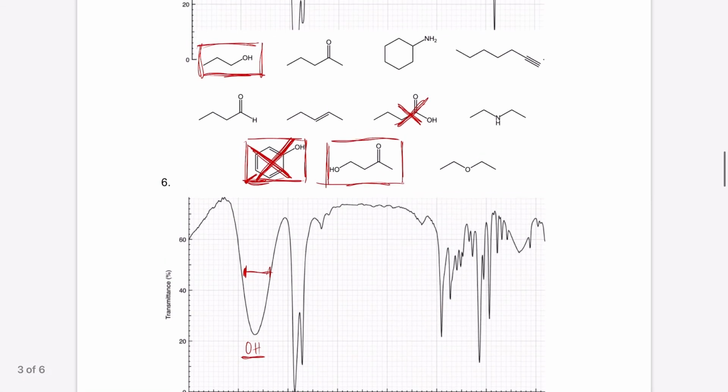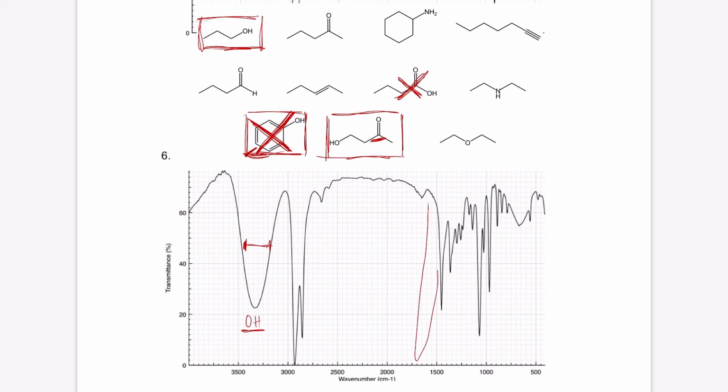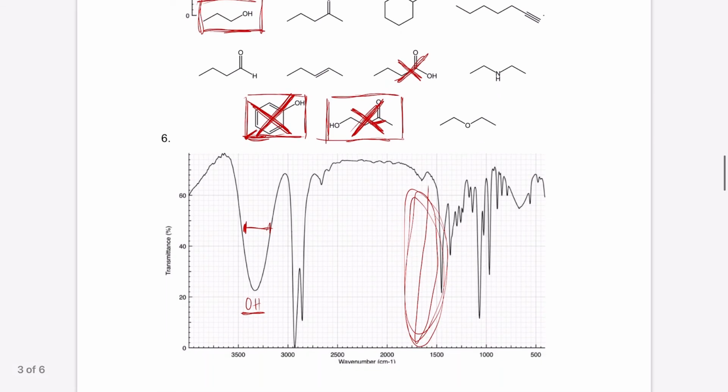If it were to be a mix of our ketone and our alcohol, then we should see a band around 1700 to represent our carbonyl group. But we do not have a band around 1700, so it cannot be this structure, which leaves us with just our propanol as our answer.